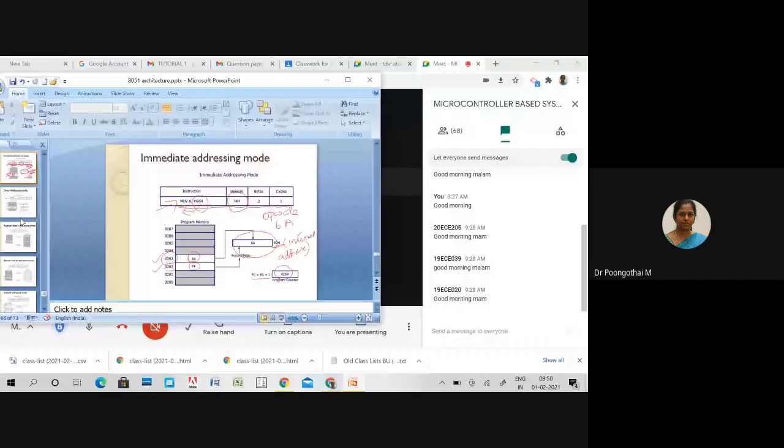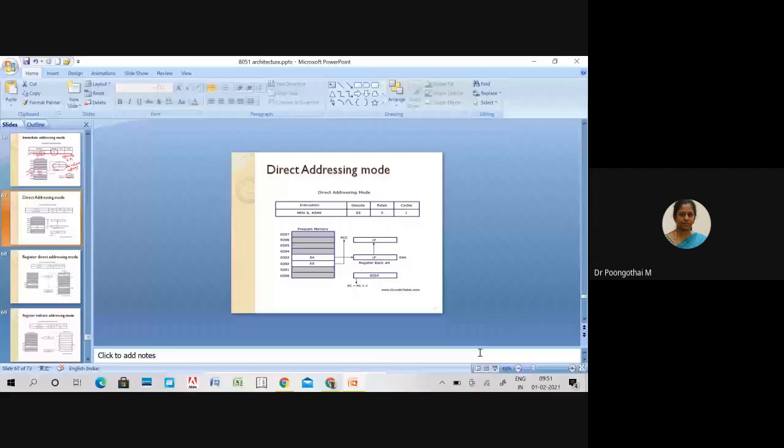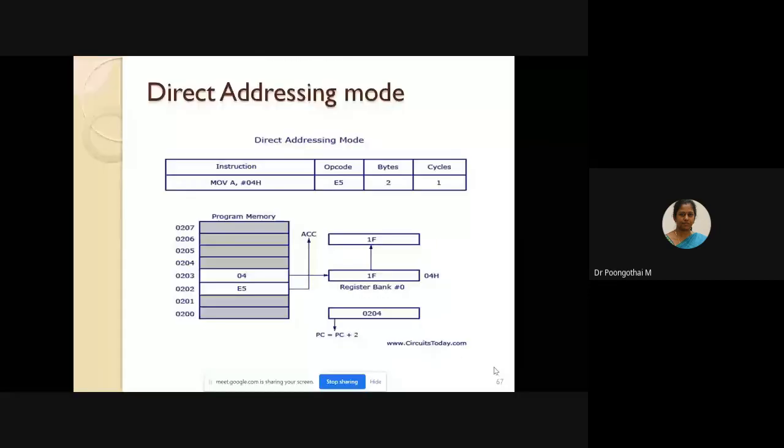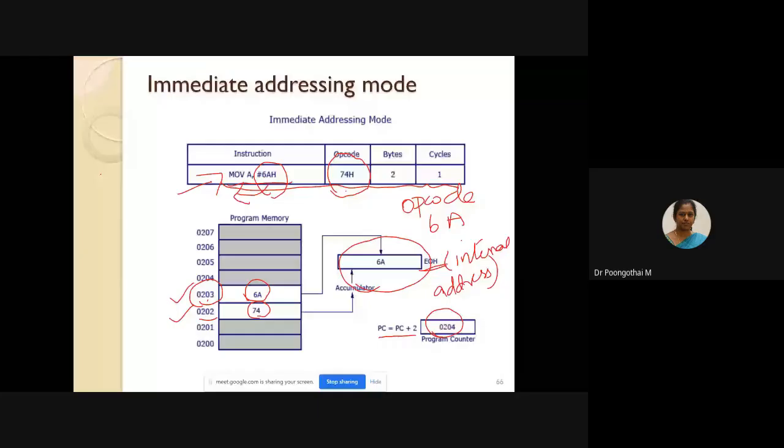So next one is the direct addressing mode. In direct addressing mode, the address is directly specified. So this is not a hash symbol. Here, the hash symbol before the 6A indicates that the operand is 8-bit data.